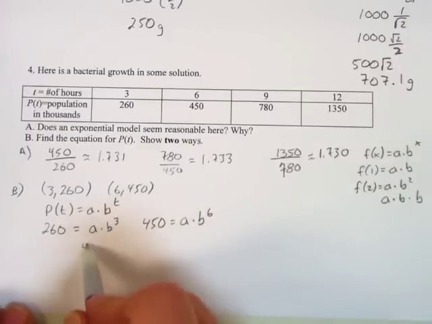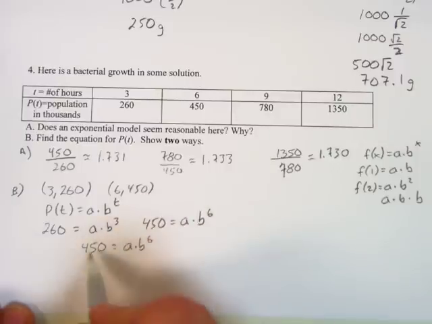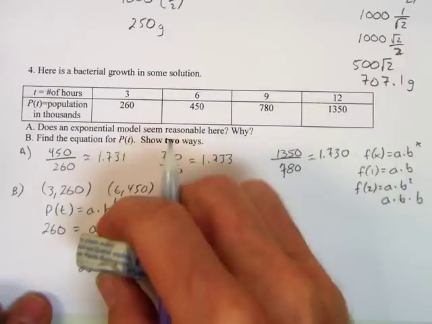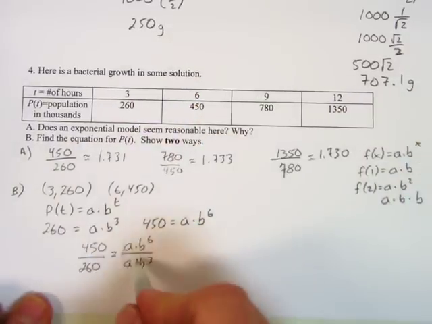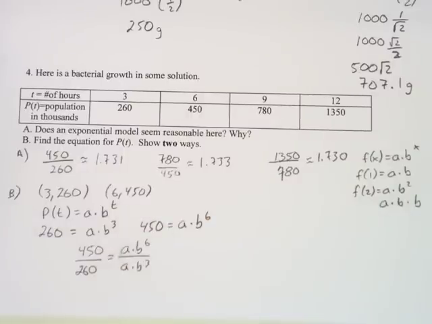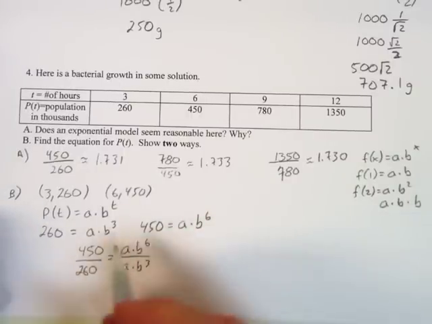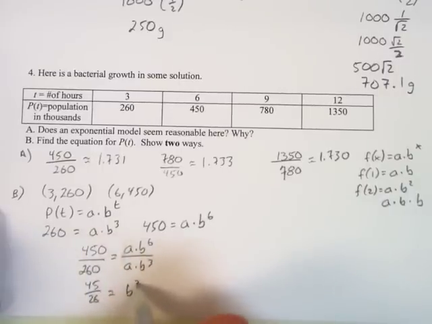So let's take 450 equals a times b to the 6, and divide both sides by the other equation, 260. I'm dividing by the same amount on each part. So now I can say 450 divided by 260 will just be 45 over 26 equals b cubed.